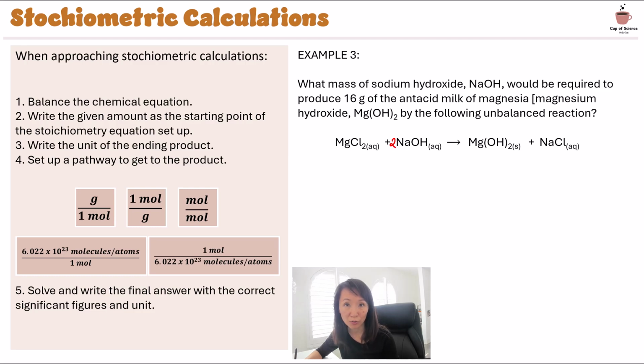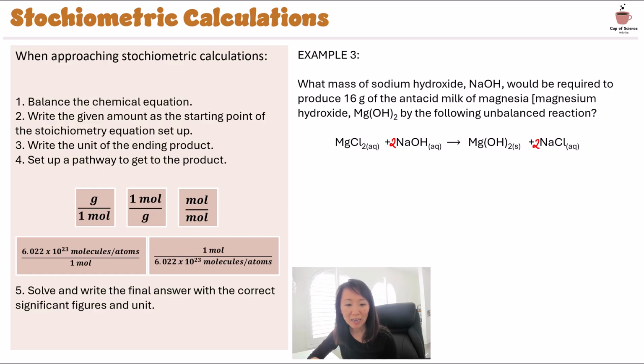Now there are 2 sodium on the left, and I have 2 sodium on the right and 2 chlorine on the right. But you can also see that there are already 2 chlorine on the left, 1 magnesium, 1 magnesium. So it seems like now it's finally balanced.